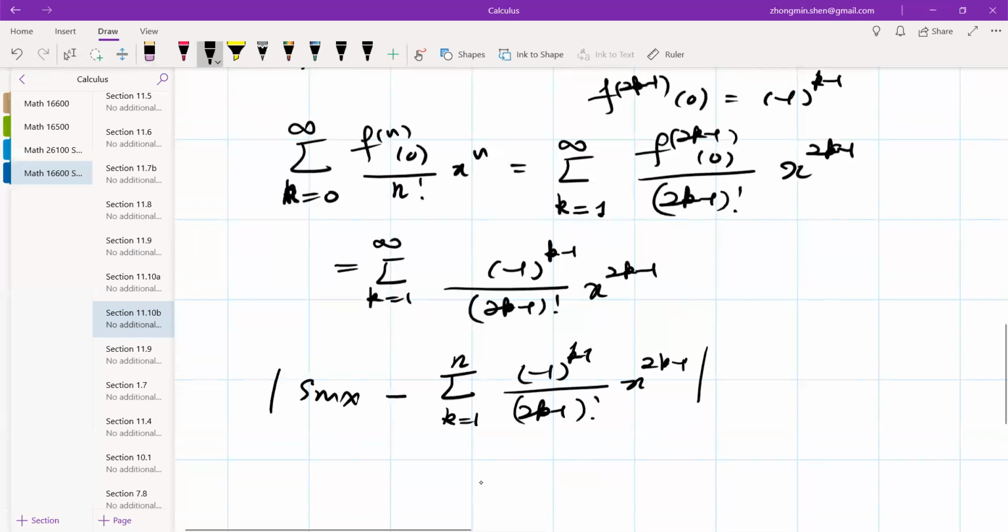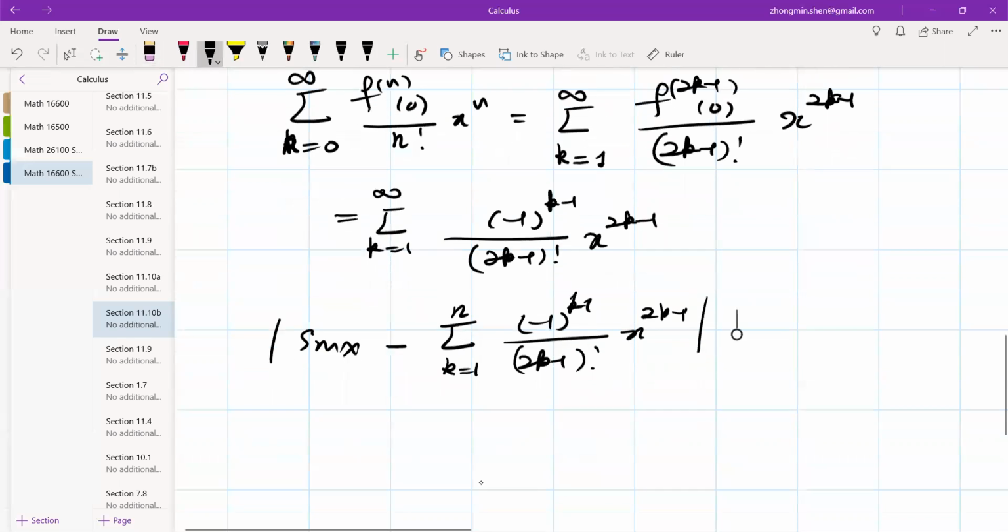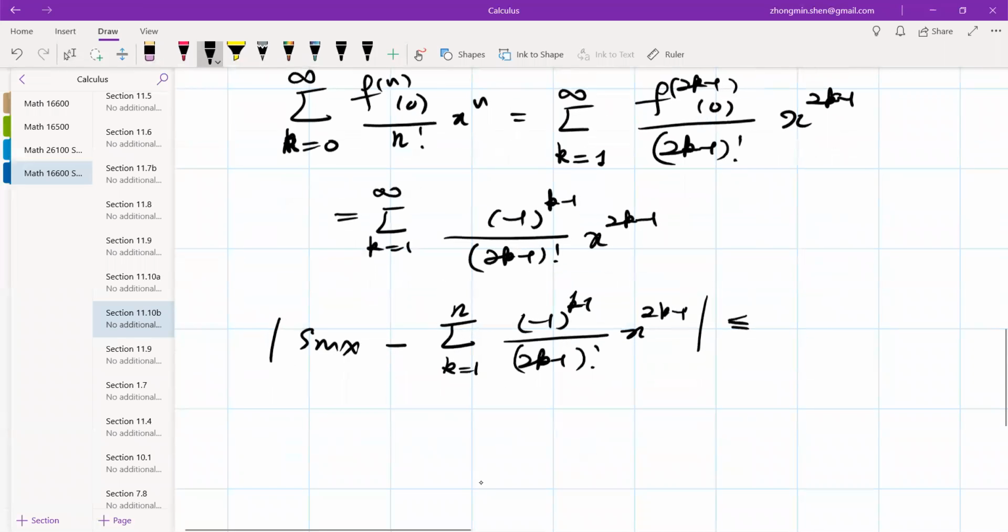This difference can be controlled. Now, what is that number? The next number is controlled by some M, right?